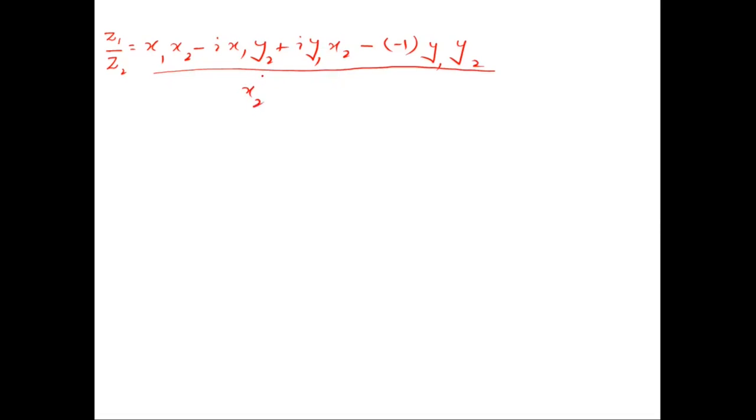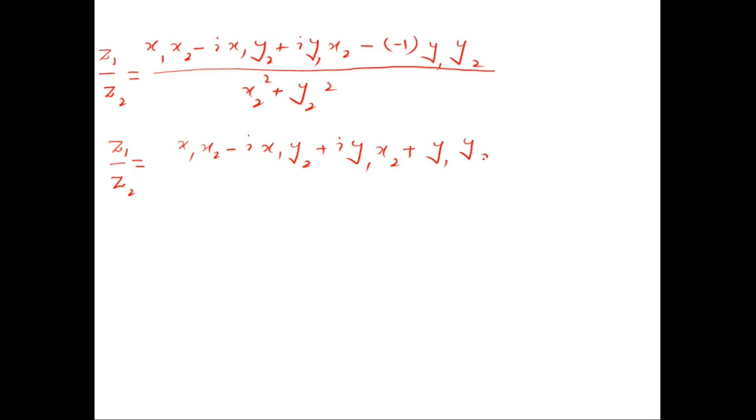So z1 over z2 equals x1 x2 minus iota x1 y2 plus iota y1 x2 plus y1 y2, divided by x2 square plus y2 square.